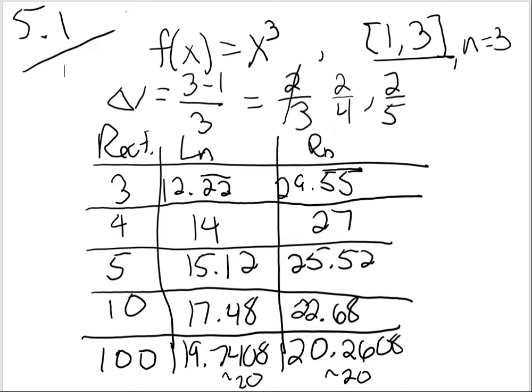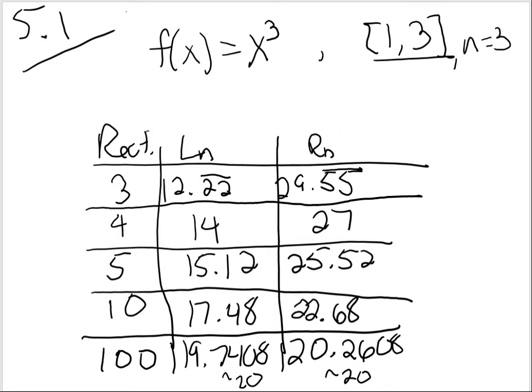So, what can we do with that information? Well, we know that this Ln is an underestimate. You can do that by just looking at the graph itself. X cubed is an always increasing function except at 0 where it's not increasing.